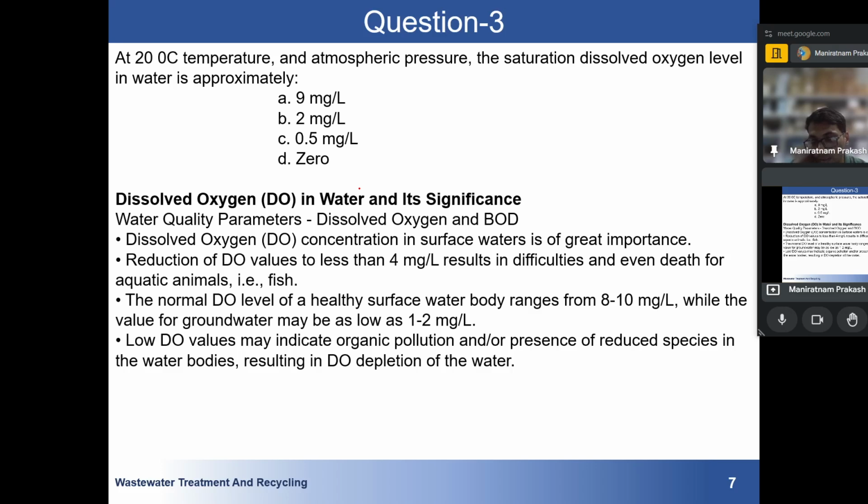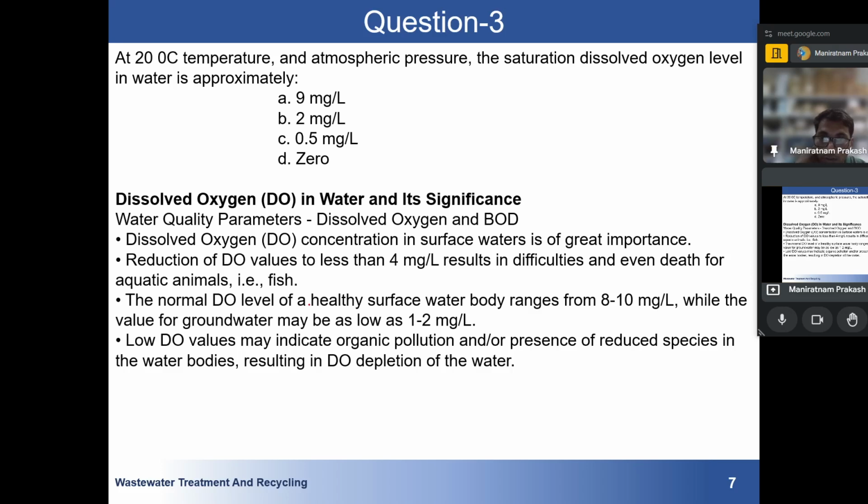Okay. So water quality parameters, that is dissolved oxygen and BOD. Dissolved oxygen concentration in surface water is of great importance. Reduction of DO to less than 4 results in difficulties and even death for aquatic fish.